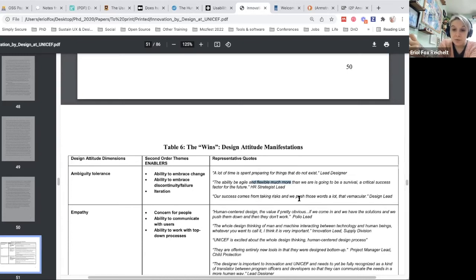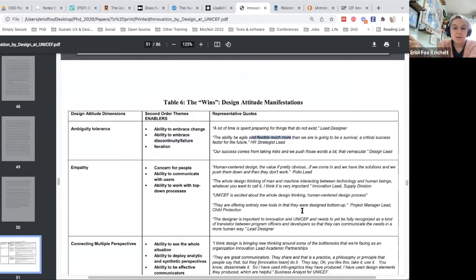Success comes from taking risks, and we push those words a lot, that vernacular. So just some interesting statements about the ability for design to tolerate ambiguity, which exists in abundance in open source. Again, that's my own opinion.